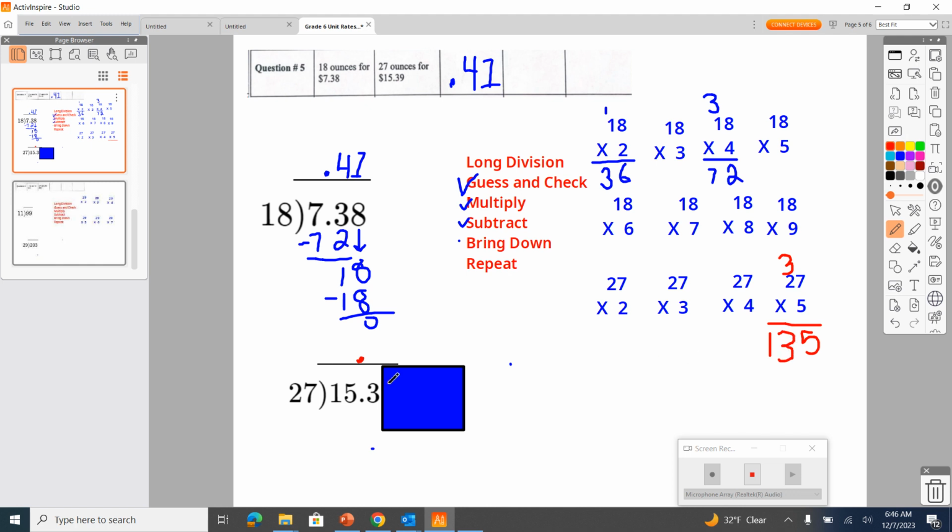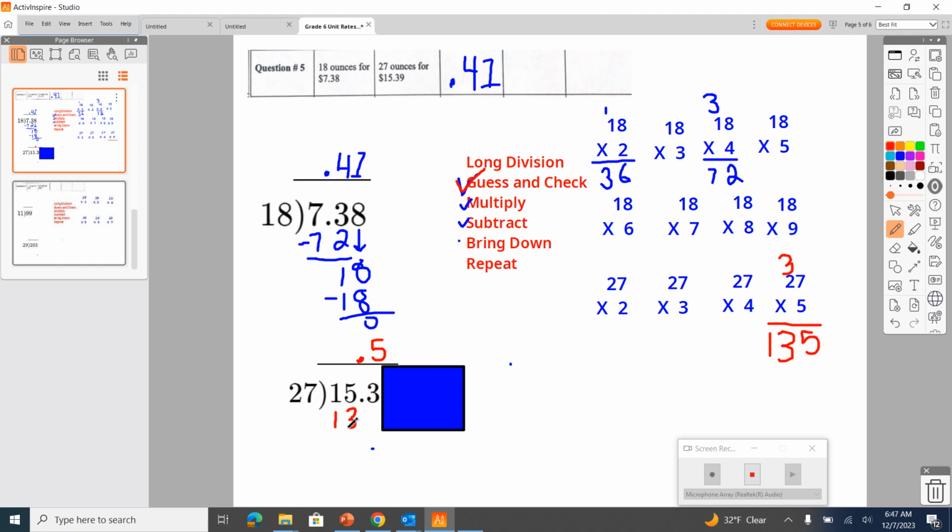So I think that's going to work. I'm going to guess and check. Did that. And now I'm going to multiply 27 by 5 and do 135.